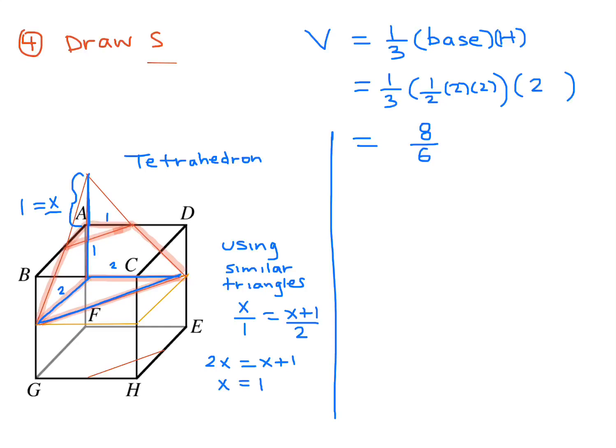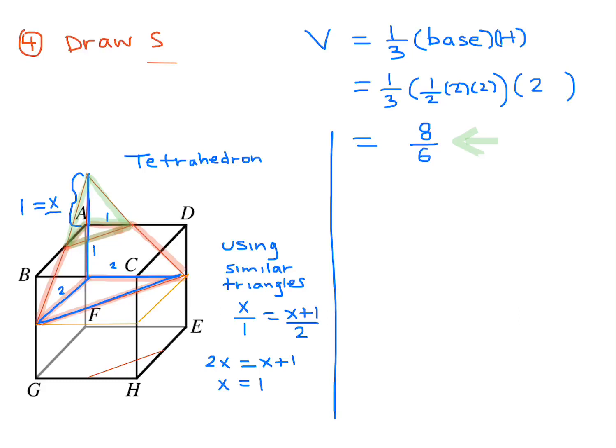But remember, S is not the total tetrahedron. S is just the part that I highlighted in this shaded red. Remember I was doing that? And then I had to add a top to make it a tetrahedron. So if I can subtract that top, this top here that I drew in, from the total that I just calculated, then I can figure out S, and we will be in business.